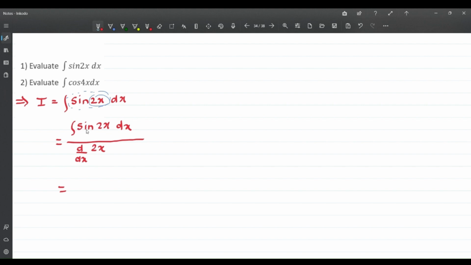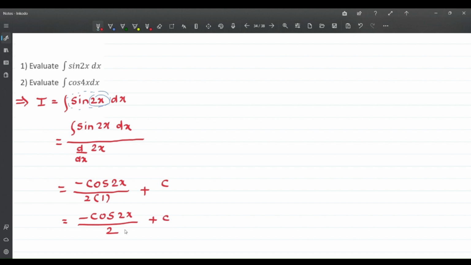So the integration of sine 2x is minus cos 2x, divided by 2, which is a constant so it stays out of the derivative, and the derivative of x with respect to x is 1, plus c. So our final answer is minus cos 2x divided by 2 plus c.